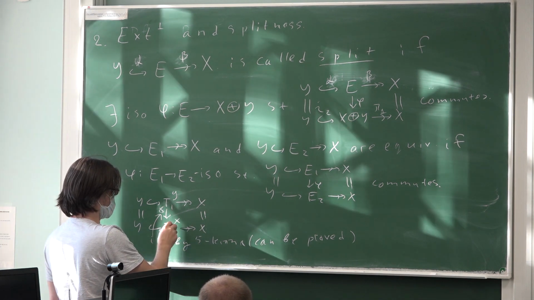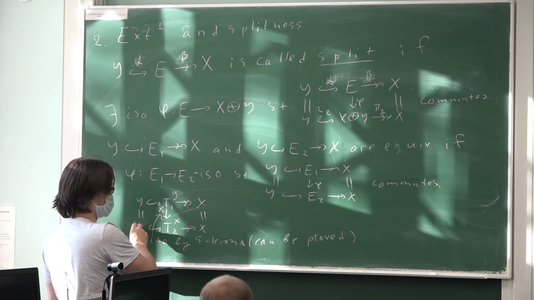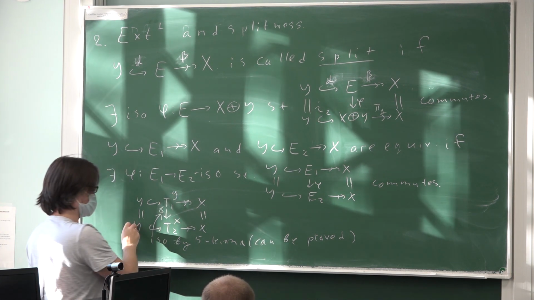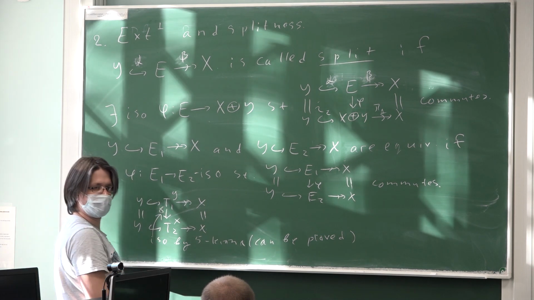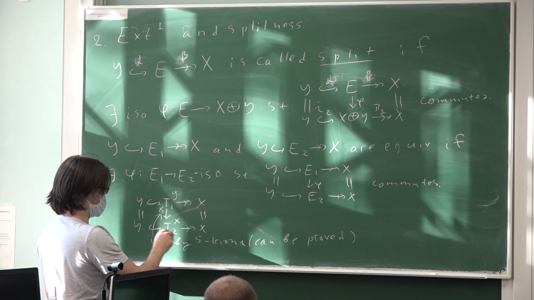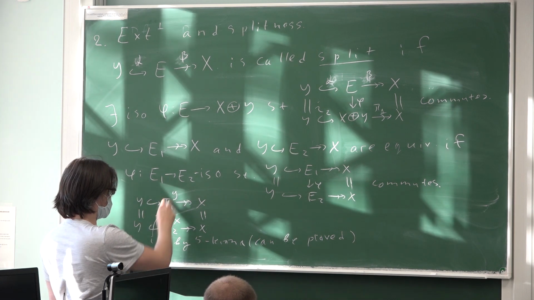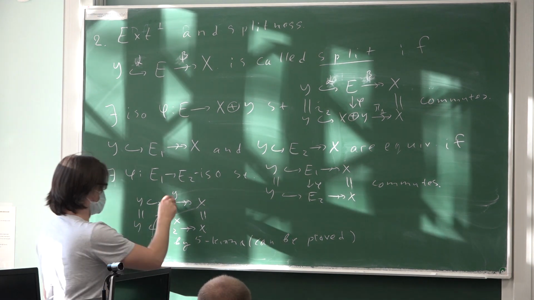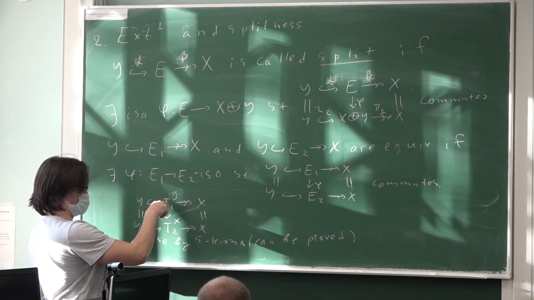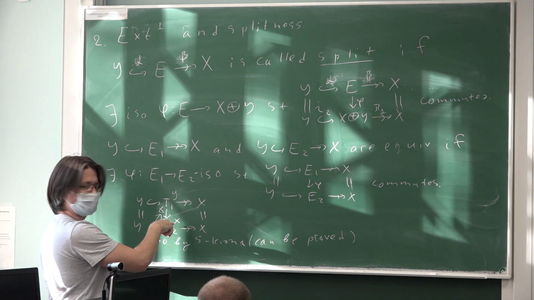But in this case, we have some preimage of x minus gamma of y here, and it goes in such a way to x minus gamma of y, and we can add the image of it to y and get an element that goes to x.